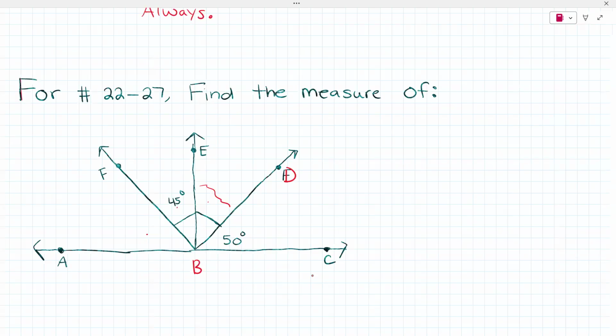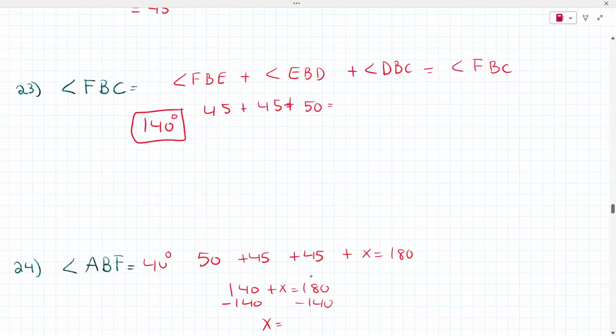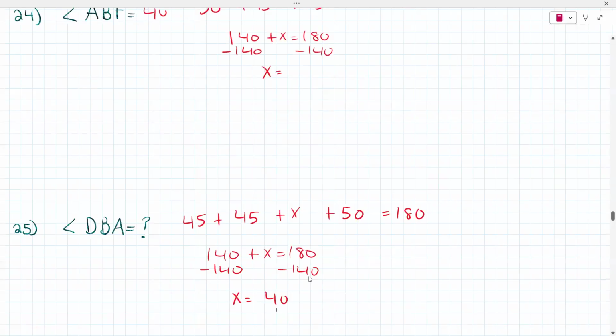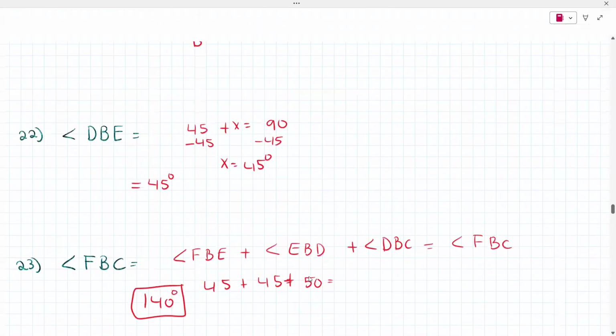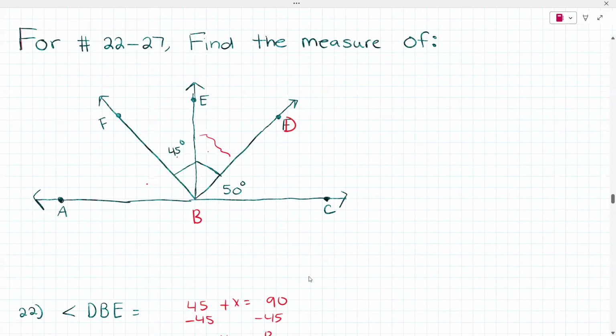No. DBA, I'm confused. I was looking for angle FBA, so let me do this again. DBA is a mixture. Wait, we needed that.